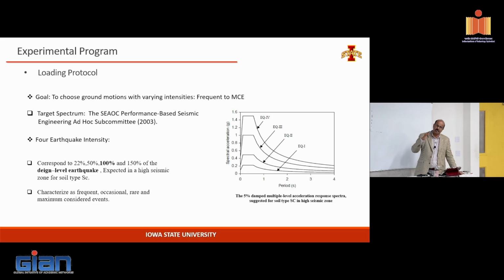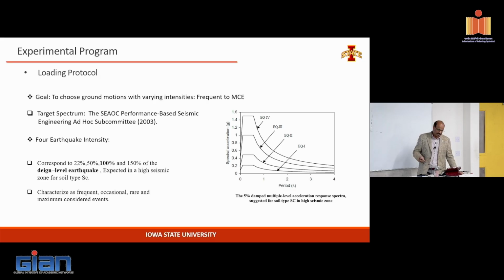So we came up with 4 sets of earthquakes. We had four sets of earthquakes matching EQ1, EQ2, EQ3, EQ4. Those 4 sets were basically actual earthquakes, but their frequency content was modified to match the target spectrum.